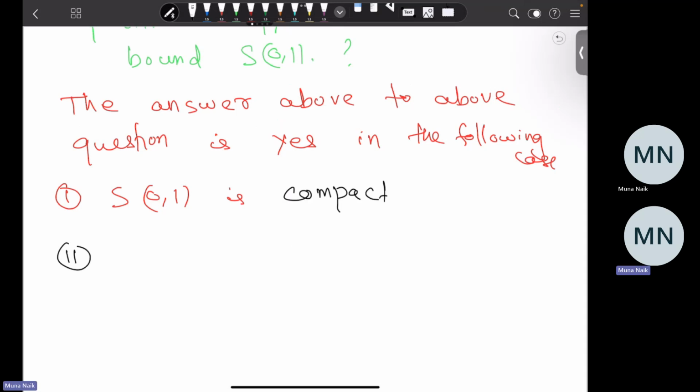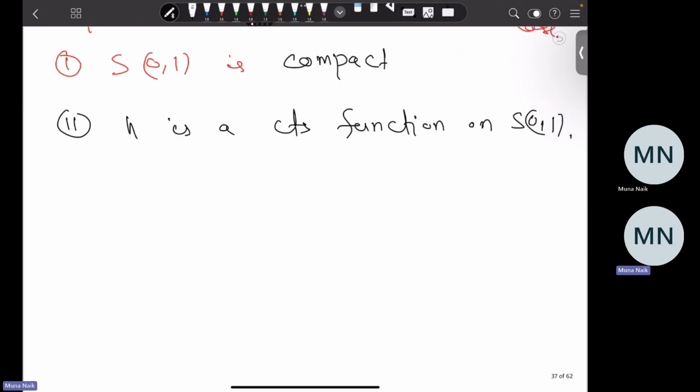Second thing, H is a continuous function on S01. Now what is H(x)? H(x) is really norm xp by norm xa.